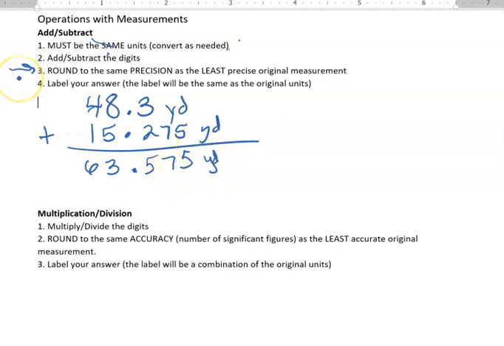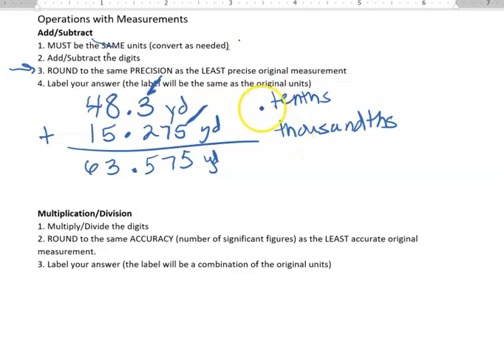Now I need to round to the same precision as the least precise original measurement. So in my 48.3, the 3 is my last significant digit, and that is to the tenths position. In the 15.275, this 5 here is my last significant digit, and that is in the thousandths position.